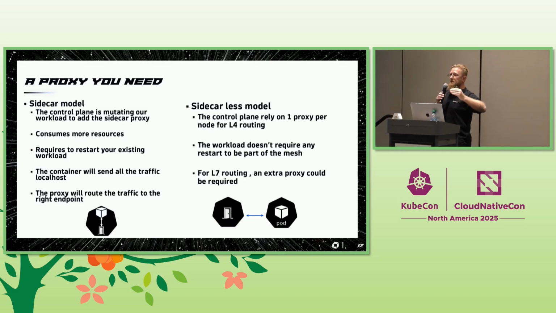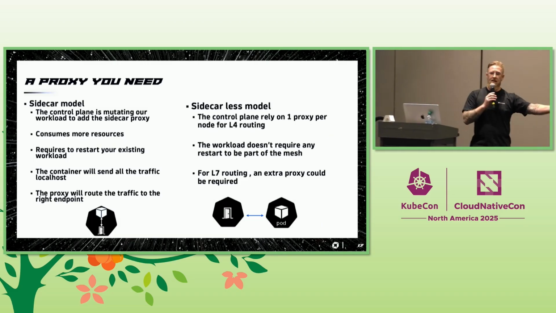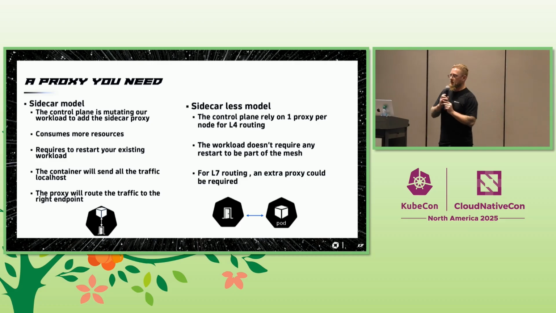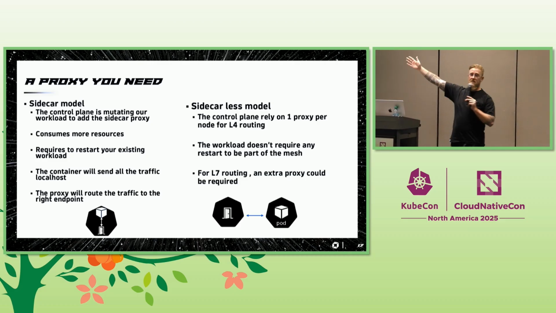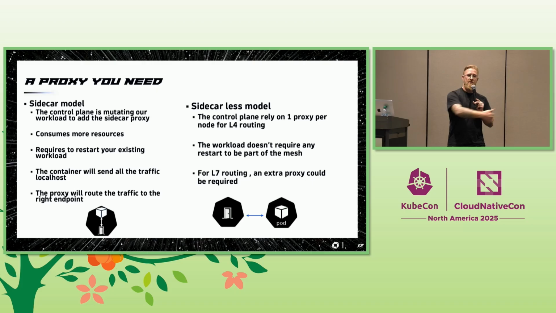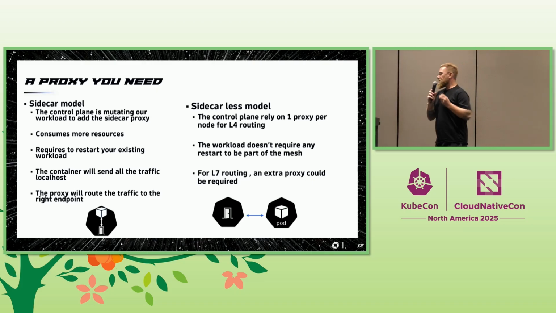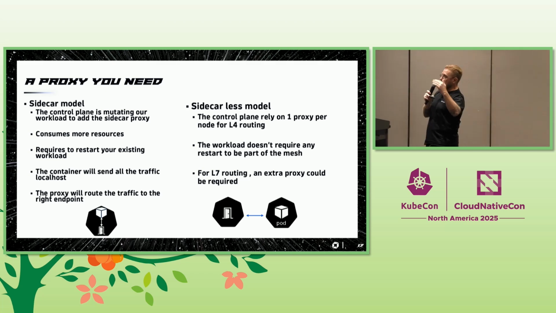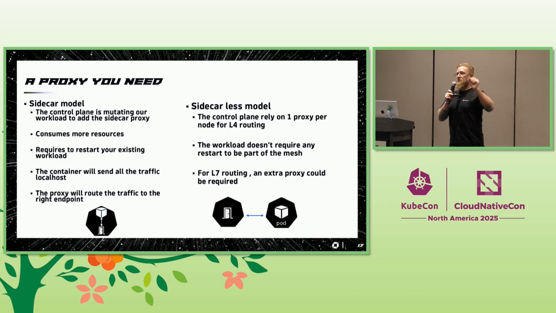But there's a family. There's basically two clans hanging out here in the market. We have the sidecar model and the sidecar-less. Sidecar-less, I think, is the future, but we still have a heritage of the past. Sidecar model, for those who never heard, it means, of course, we're going to inject the sidecar in our containers. The advantage of that is going to be localhost communication between our app and the proxy.